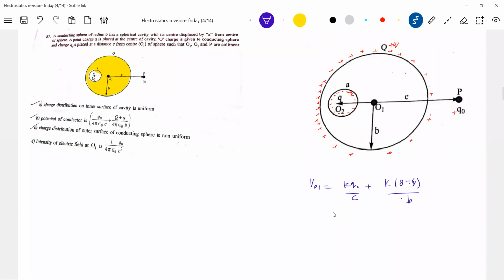What about this particular charge? If you draw a Gaussian surface here, this minus Q and plus Q will cancel, the net charge will be zero. So there won't be any potential contributed by this cavity along with the point charge at point O1. So this will be the potential. This is about one point. What about the potential at point A? It will be the same.